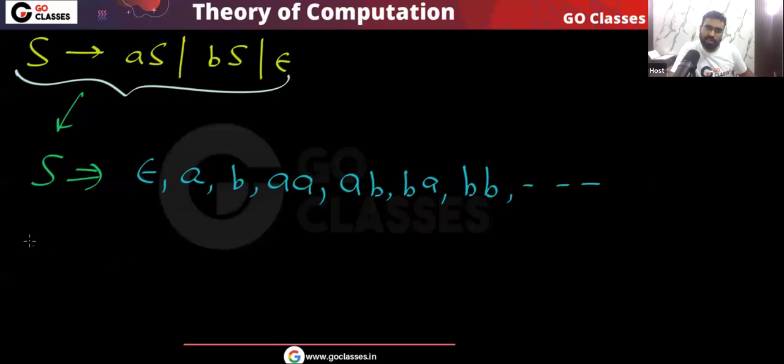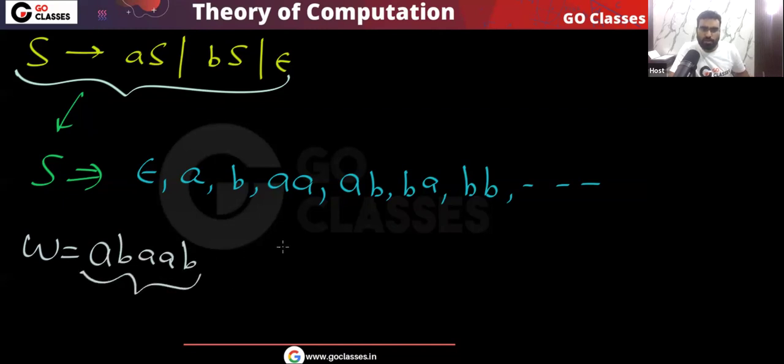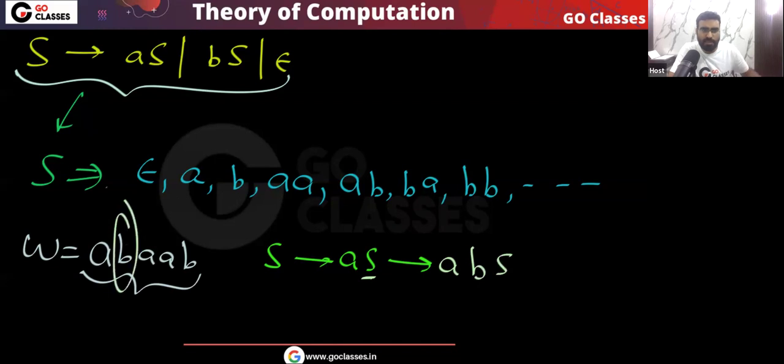For example, if you want to generate any random string like abaab, let's assume this string you want to generate, then what you need to do, very simple. From S I will go to aS, because the first symbol must be a. This S I can replace with bS, because the second symbol must be b. Now this S I can replace with aS, because the third symbol must be a.